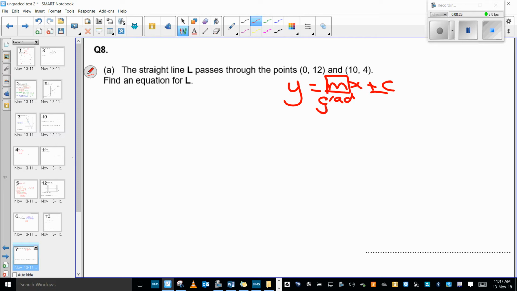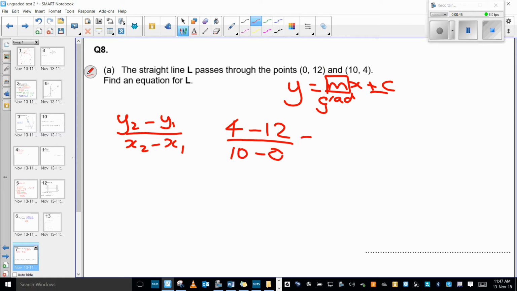Alexis, what was that formula? Okay, so Lara, can you give me some values, please? It would be 4 minus 12 over 10 minus 0.